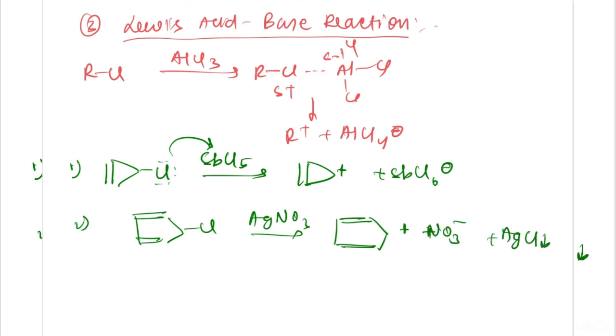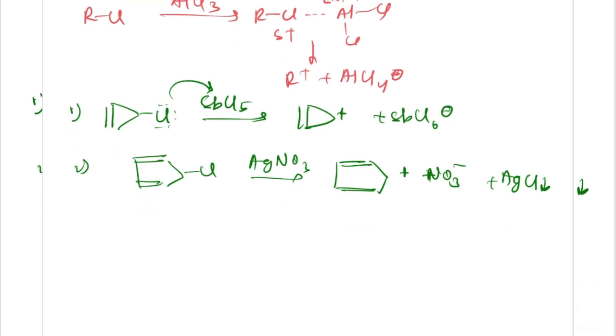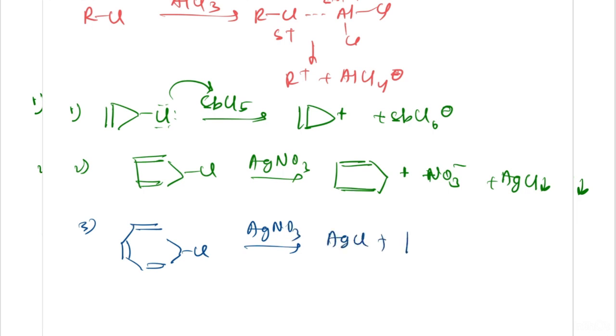Right. When we have the next Cl, when it reacts with AgNO3, it will become AgCl plus NO3 minus. It will become a precipitate of AgCl because it becomes from non-aromatic to aromatic.